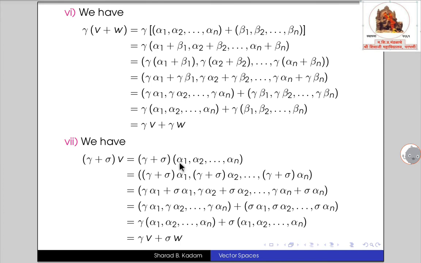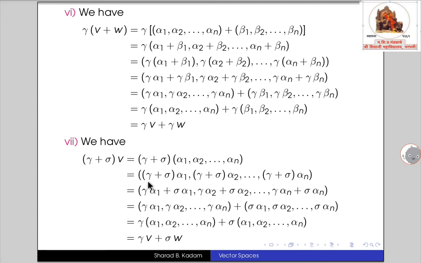Now we multiply each component of v by gamma plus sigma. So after multiplication, the resulting vector will be a vector whose first component is (gamma plus sigma) into alpha 1, second component is (gamma plus sigma) into alpha 2, nth component is (gamma plus sigma) into alpha n.